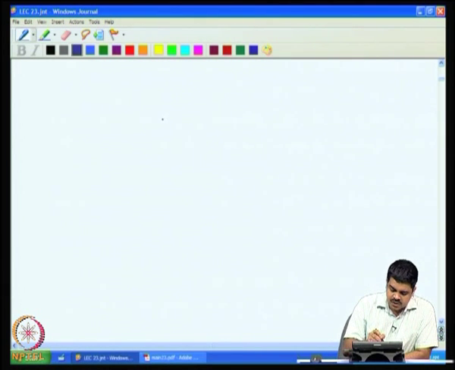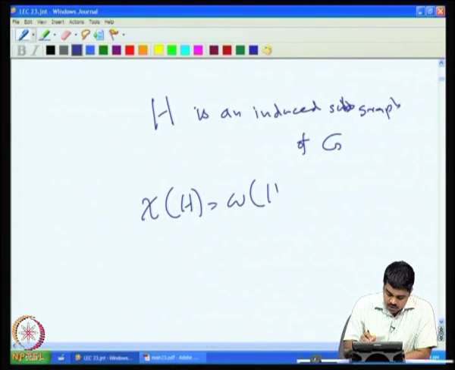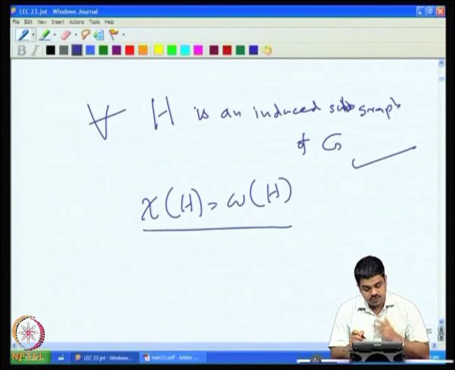Consider the graphs such that not only for the graph itself, but for every induced subgraph of it, say H is an induced subgraph of G, it happens that chi of H is equal to omega of H. This is for all H such that it is an induced subgraph of G. Remember that it is not only for G, it is also for every induced subgraph.